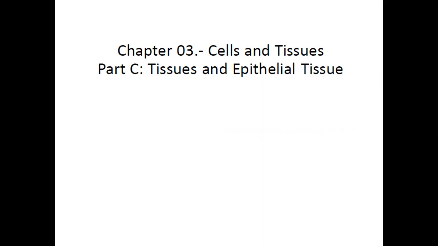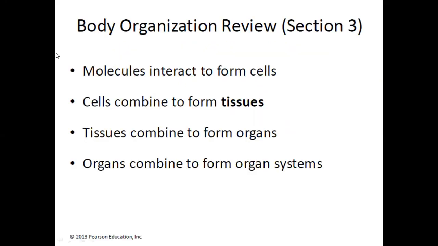So this is the first part of this lecture, some background about tissues, and then we'll get into specifics. Just to review, the body is organized from molecules that interact to form cells, the basic functional unit or the living unit of the body. Cells combine to form tissues.